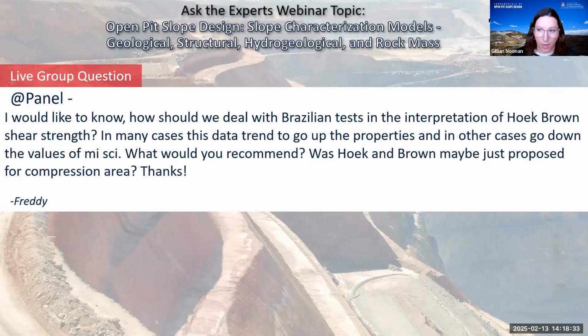So this comes in from Freddie asking, I would like to know, how should we deal with Brazilian tests in the interpretation of Hoek-Brown shear strength? In many cases, this data tends to raise the properties, and in other cases, lower the values of mi, and I think that would represent sigma ci.